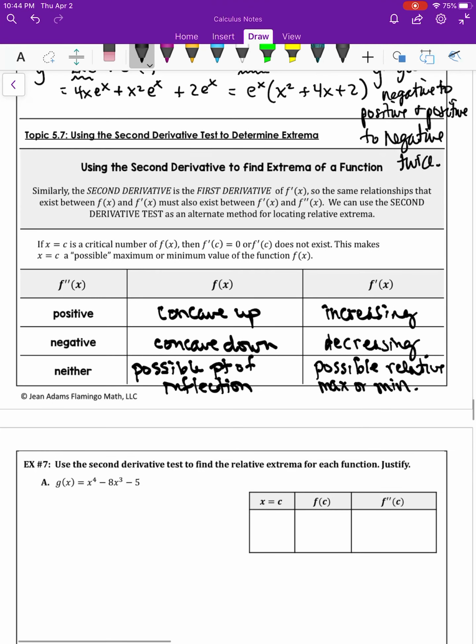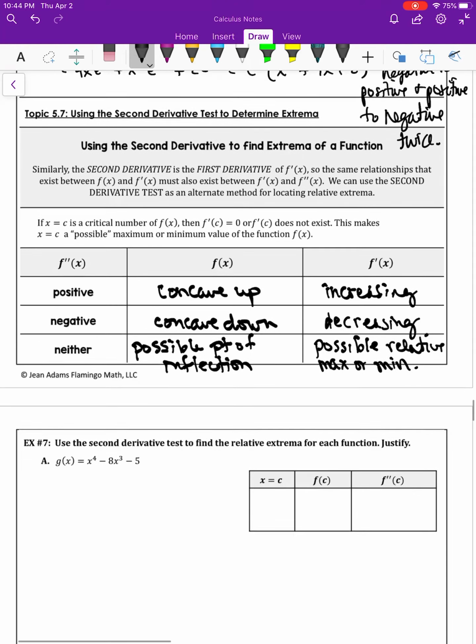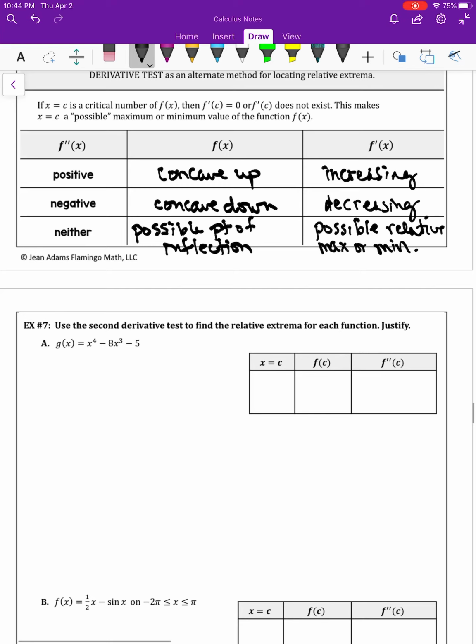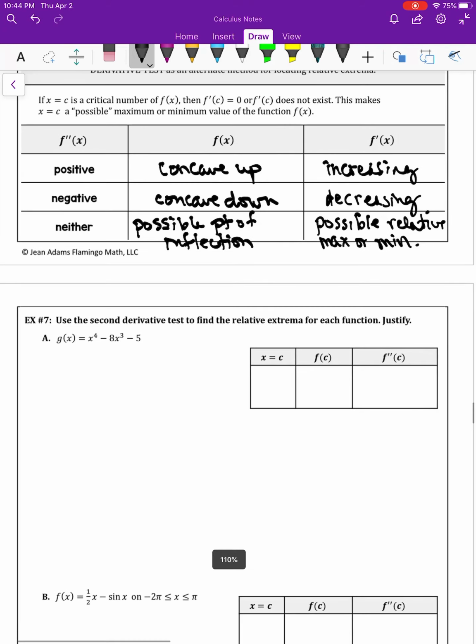Okay? So now, example number 7 is use the second derivative test to find the relative extrema for each function and justify. So what ends up happening is the second derivative test, you have to know the first derivative critical points to use the second derivative test.